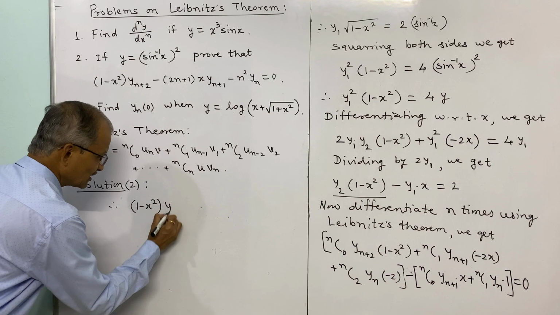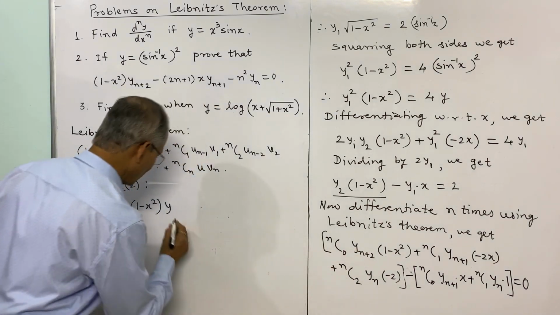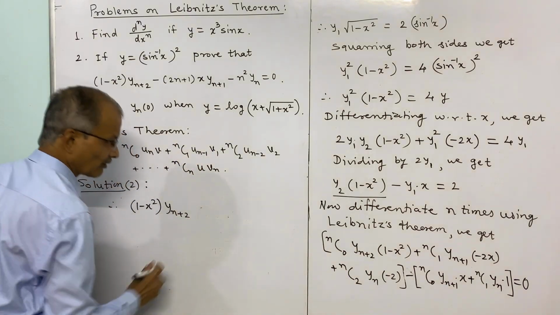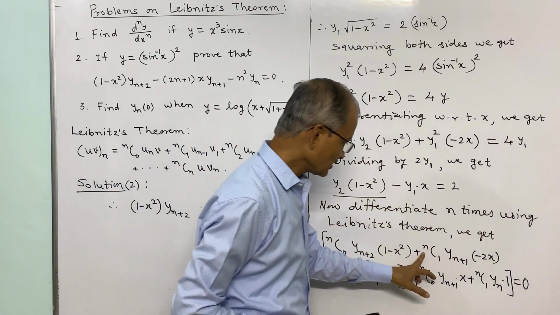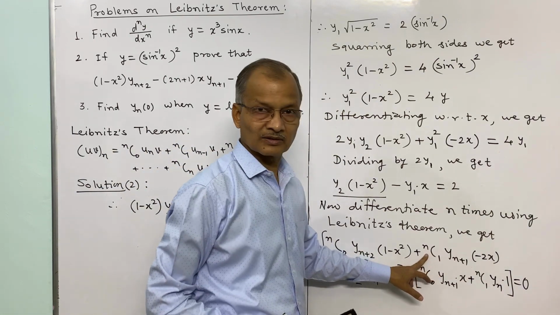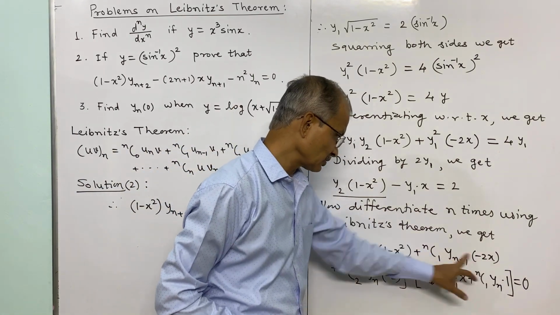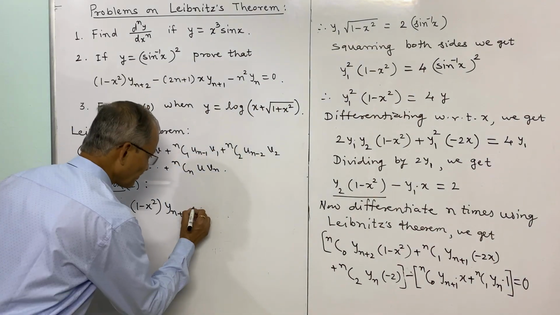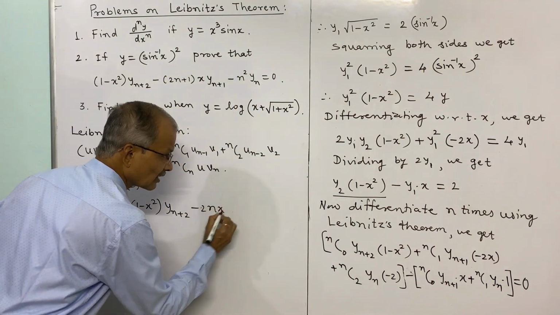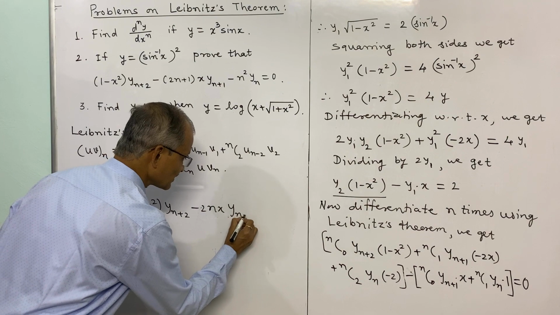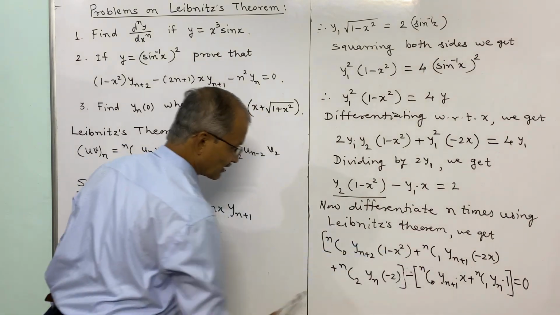So that algebraic term we have written first, then the n plus second derivative of y we have written. And now what is n choose 1, that is n, and this is minus 2. So minus 2n x into the n plus 1th derivative of y. This is the second term.